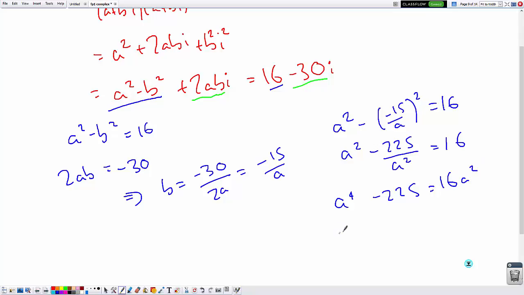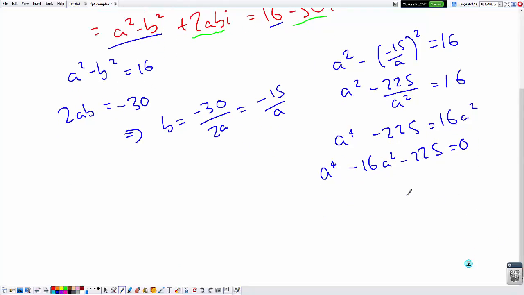Bring everything over to the same side, make it equal to 0: a to the power 4 minus 16a squared minus 225 is equal to 0. Now this is a quadratic in a squared. So at this stage we can use the quadratic formula, or we can complete the square. Remembering, while it looks like a quartic equation, this is a quadratic in a squared.